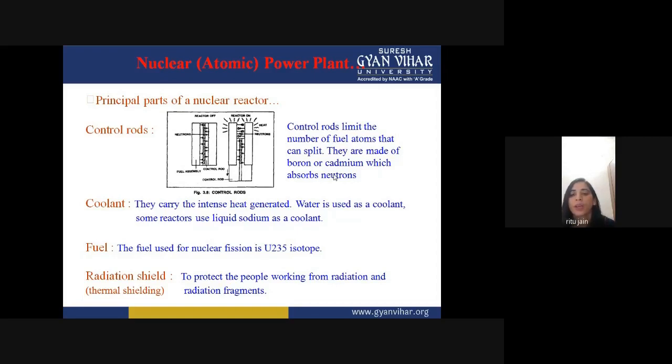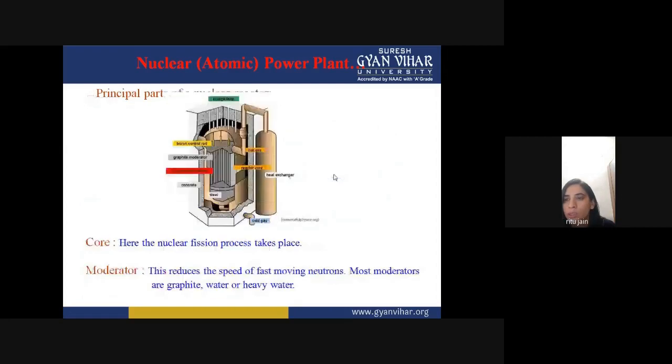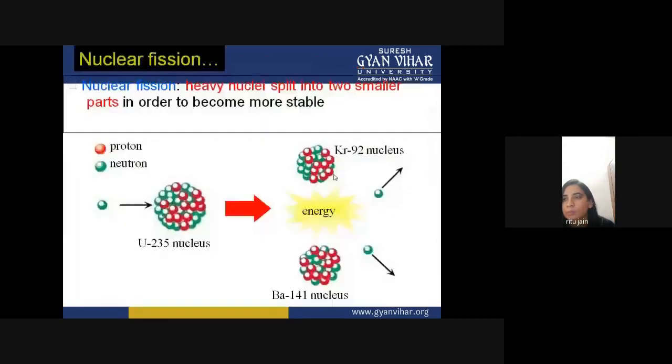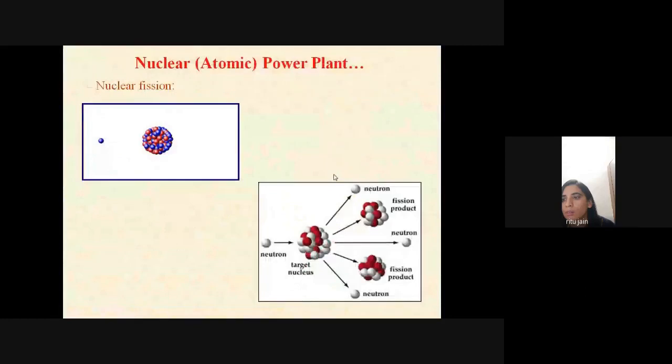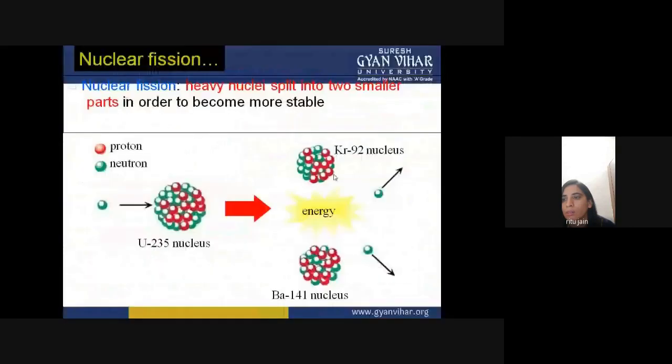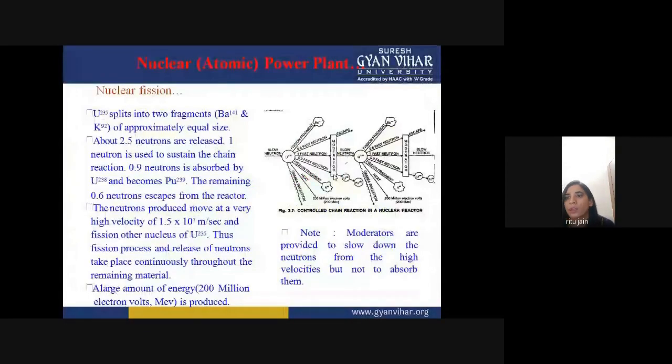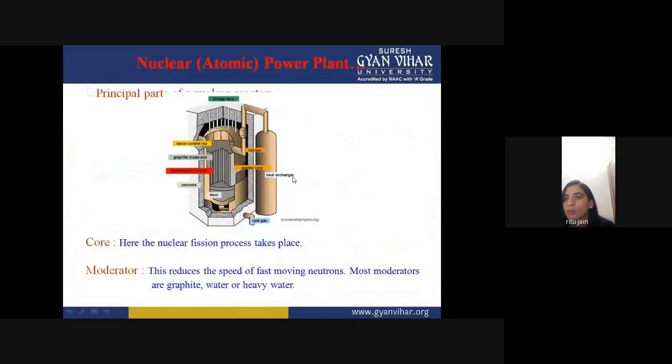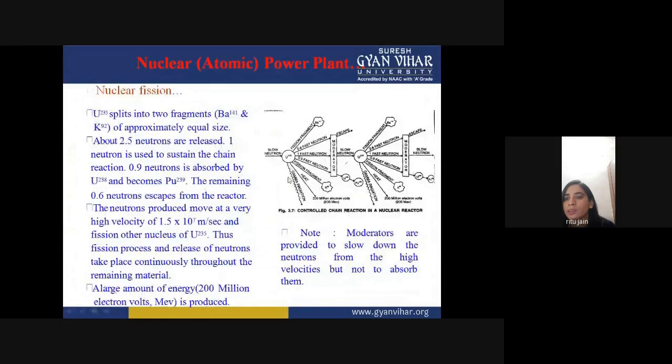Okay. Now, the radiation shield, which is a very important part of this nuclear power plant, because you can see over here that gamma and beta rays, radiations, are coming out of this chain reaction, which is very harmful for the human body.